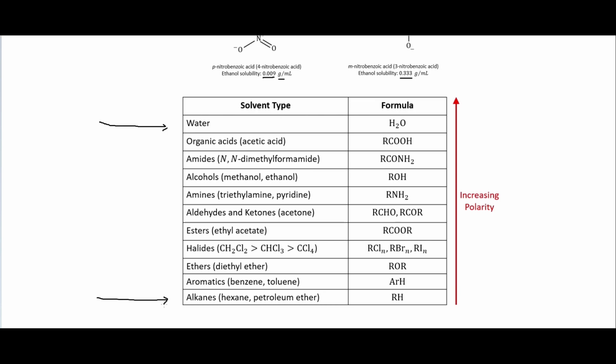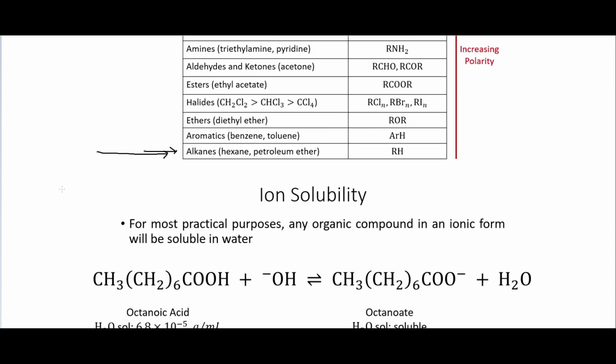As we saw above, there are plenty of other considerations to take into account, but we can think of water as being our most polar solvent, then organic acids like acetic acid being the next most polar, and then working our way down until we get to the alkanes, which are just the pure hydrocarbons. Those are going to be our solvent types there.